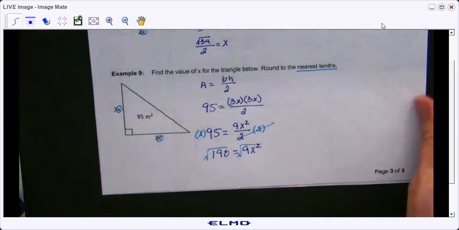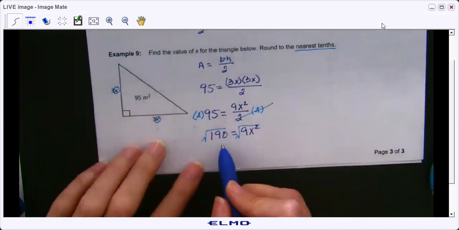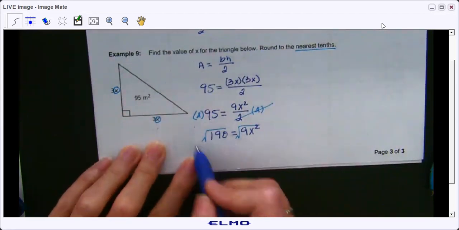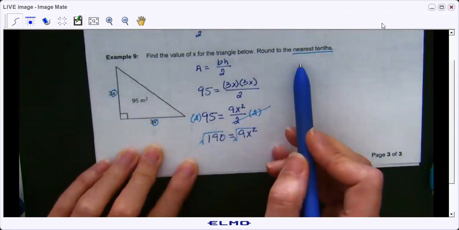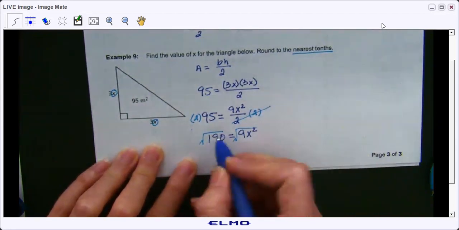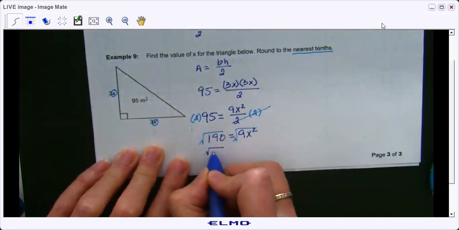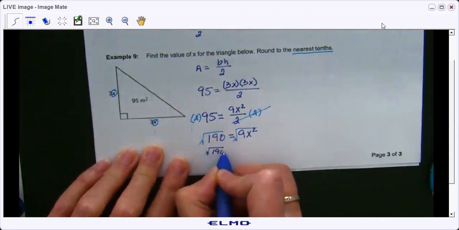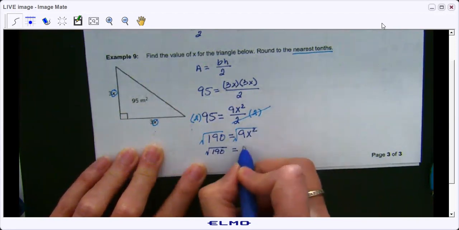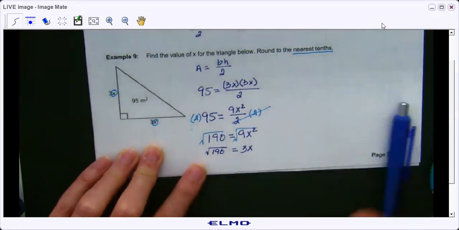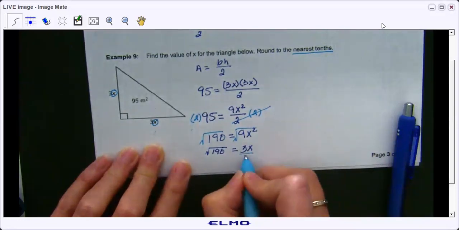Okay, now 190. I am not going to simplify this because I don't need to, because we're going to use a calculator to do that. So I'm going to leave this as the square root of 190. But what is the square root of 9x squared? 3x. Now what we're going to do is we're going to divide both sides by 3.